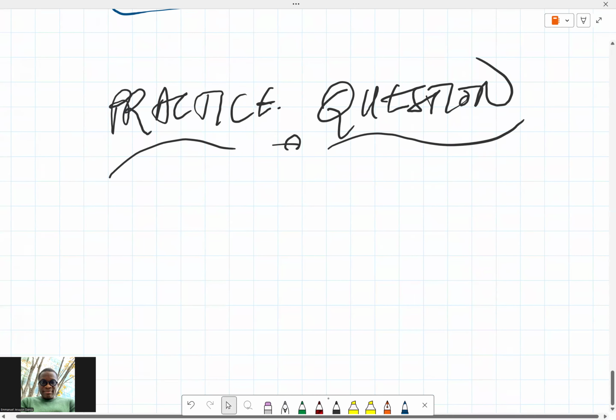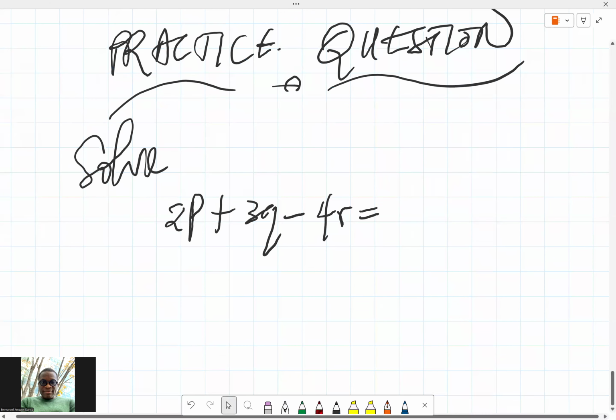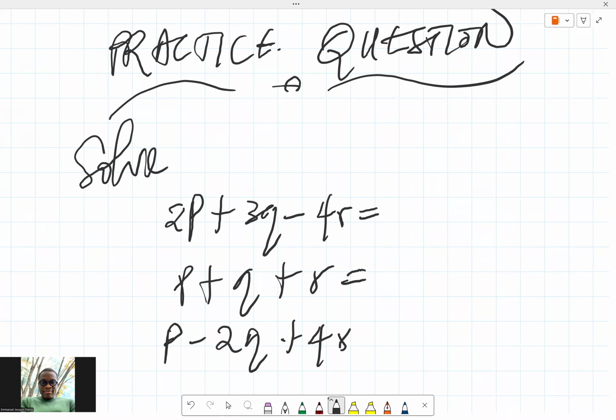So solve 2p plus 3q minus 4r equals, then I have p plus q plus r equals, and p minus 2q plus 4r. Let me see, just trying to formulate it now so you can have something to try your hands on.